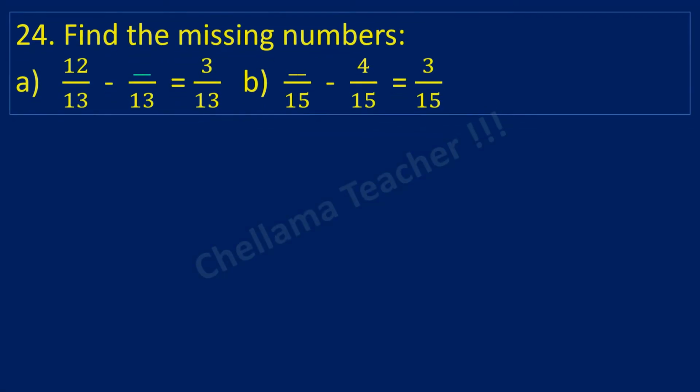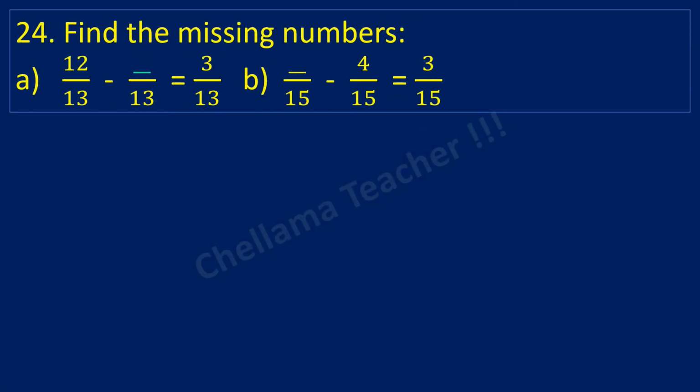Question 24. Find the missing numbers. Part A: 12/13 minus dash/13 is equal to 3/13. Part B: dash/15 minus 4/15 is equal to 3/15.